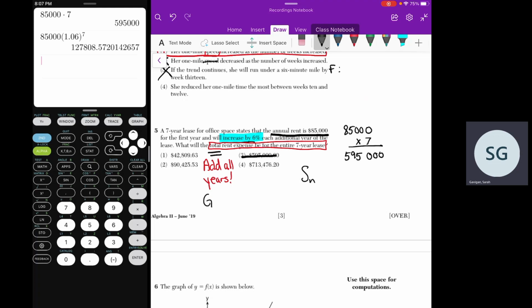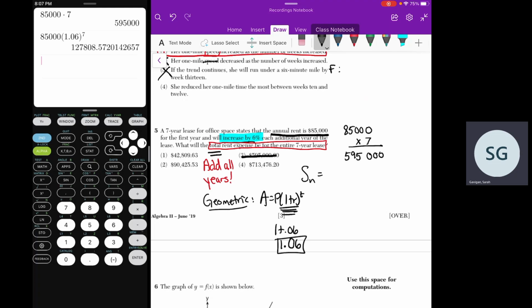This is going to be a geometric series. I know it's geometric because the pattern is we're multiplying. What we multiply each year is that increase. When you have this equation here, this is your multiplier. So the 1 plus 0.06 is going to be 1.06 as my common ratio.